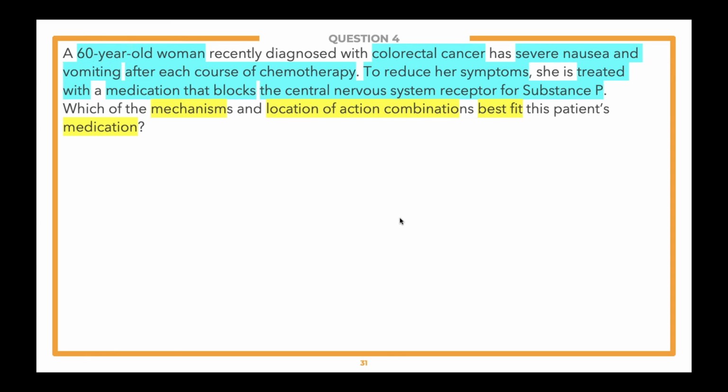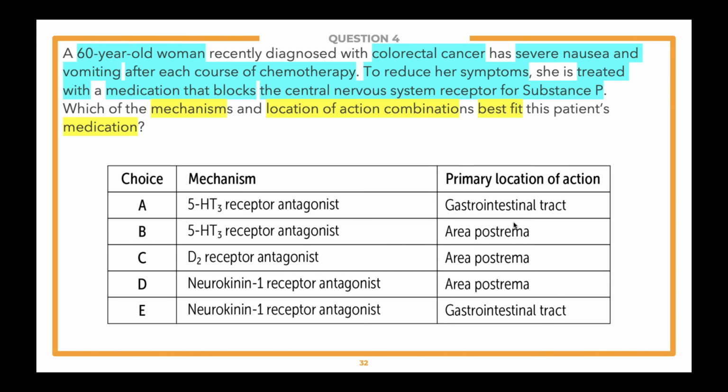So let's take a look at our answer choices and see what they're getting at here. So a few steps here. You can see now we have a list of mechanisms and a list of different locations of where this could be acting. So let's walk through those one by one.